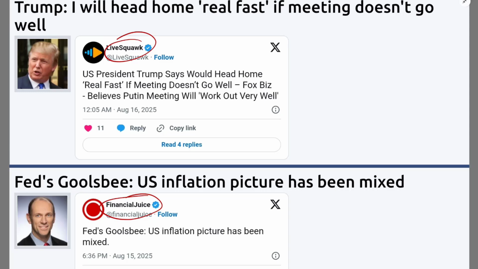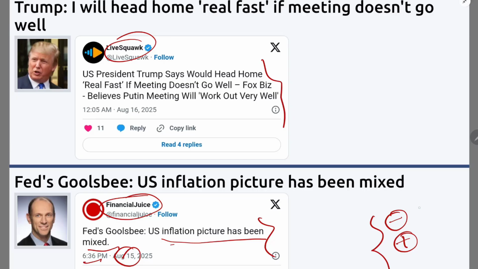So if you follow them, you may see economic news like US inflation picture has been mixed. That means they said on August 15, 6:36 p.m., US inflation is mixed. No positive, no negative. Okay, it makes equal. So the market will move sideways.